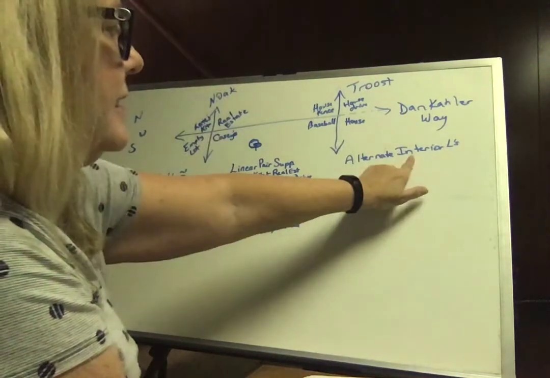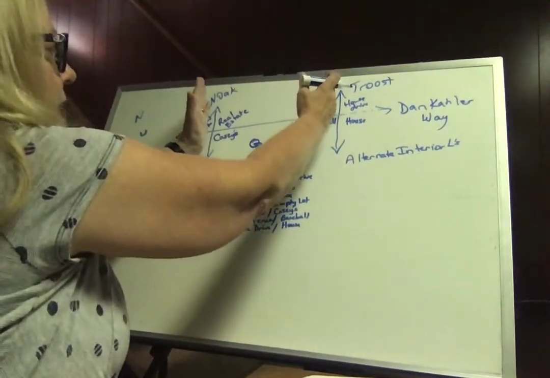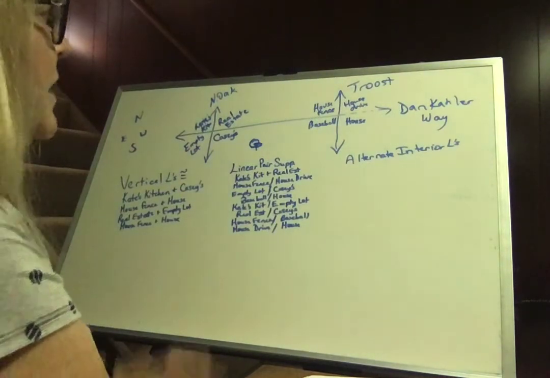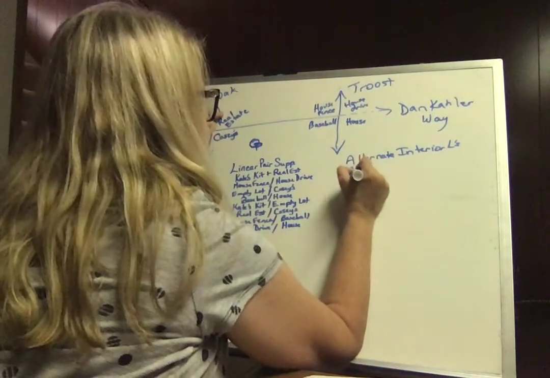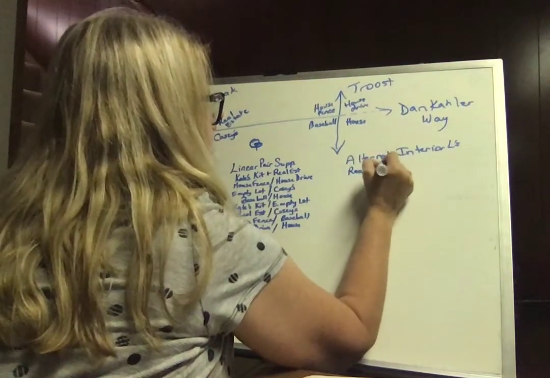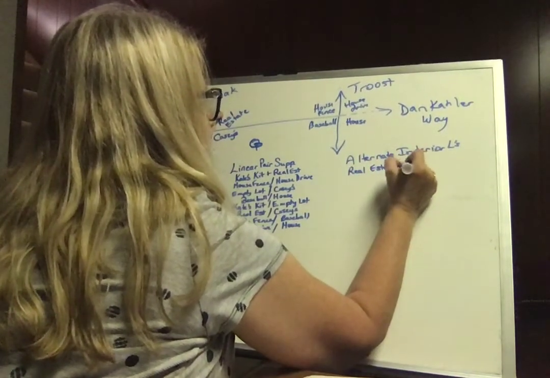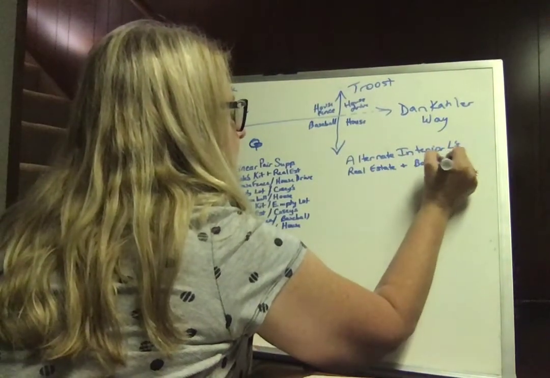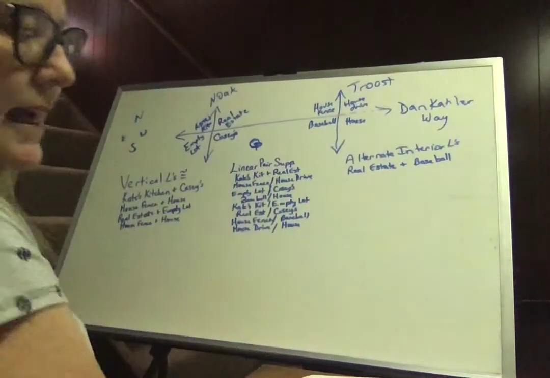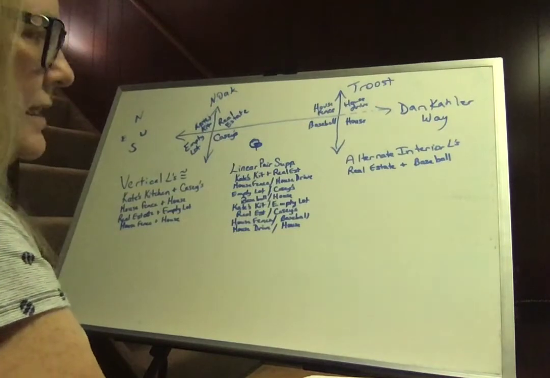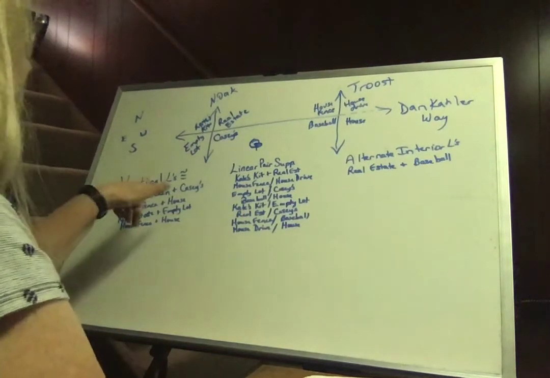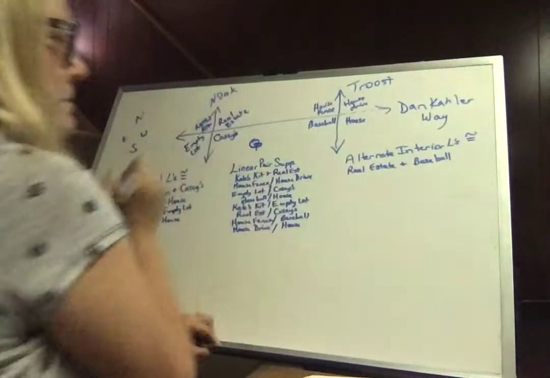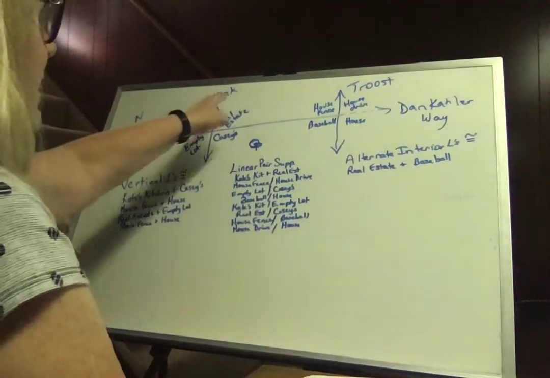And then it says interior, inside the two parallel lines, inside North Oak and Troost. So real estate is on one side in between those two lines with the baseball diamond. That's one pair of alternate interior angles. Now, we didn't say whether they were congruent or supplementary. Turns out they're congruent. That's one pair, real estate and baseball.